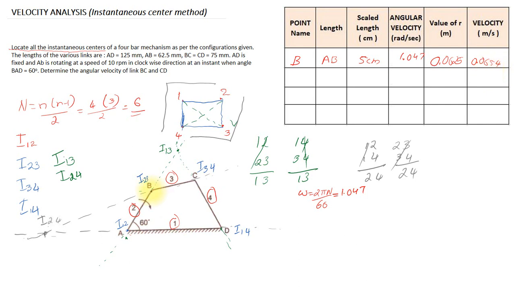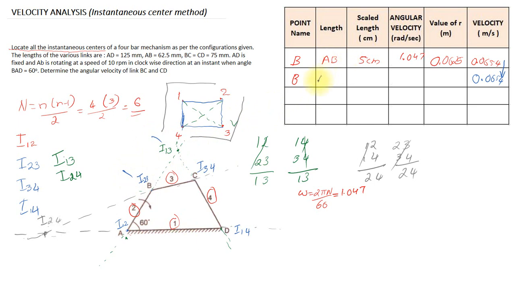We are again calculating for the point B itself. We are transferring this velocity over here, 0.0654. Here we are going to consider the length between I12, I23 and I13.